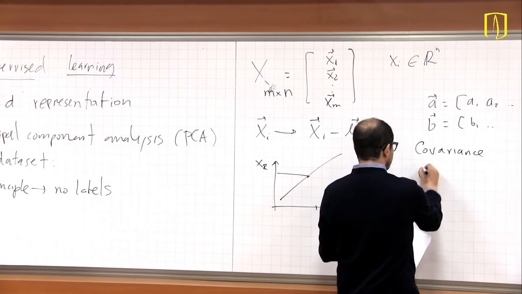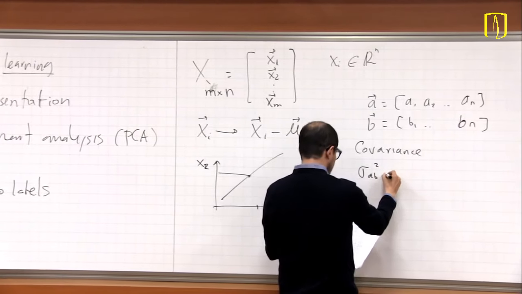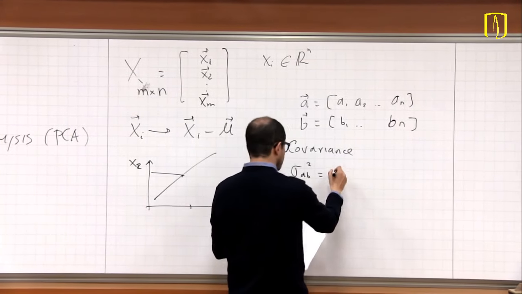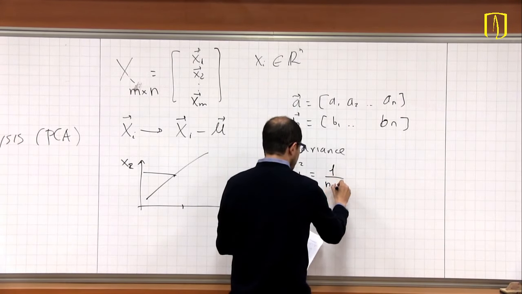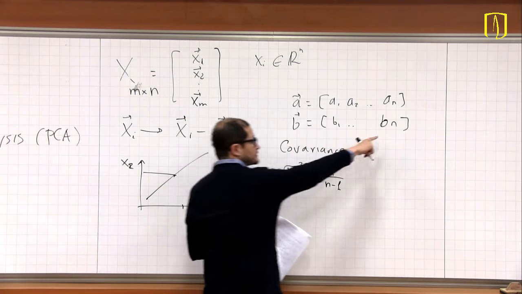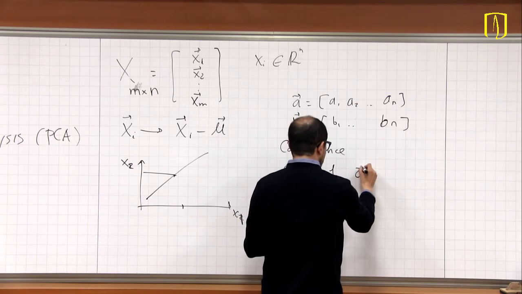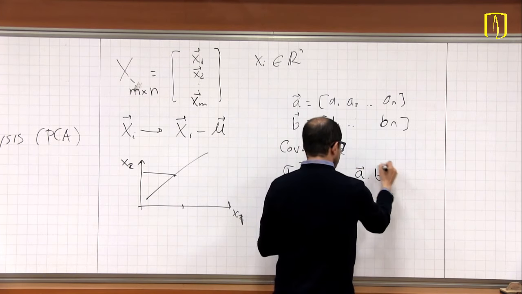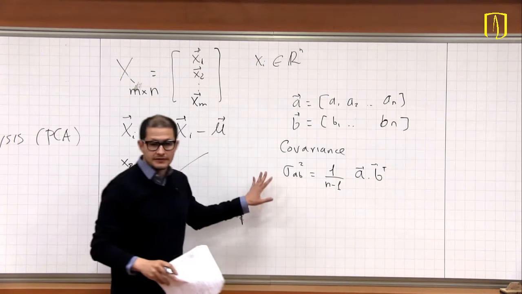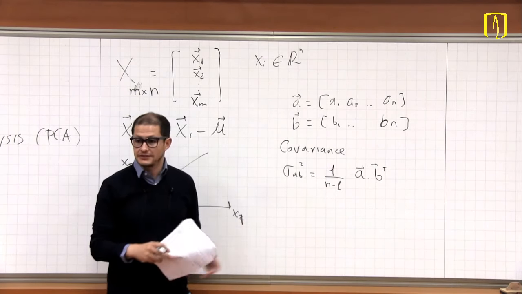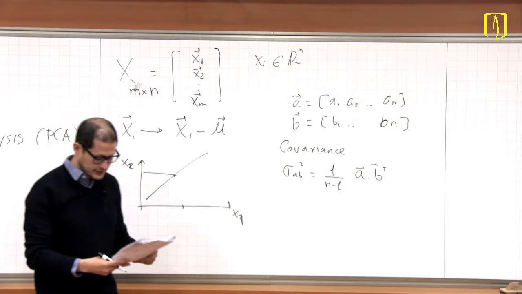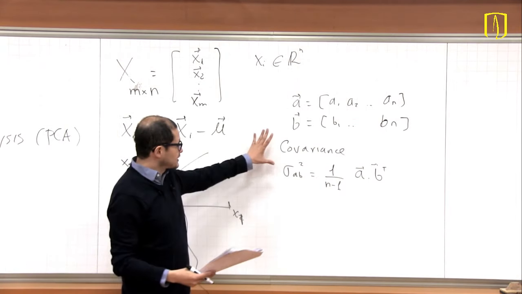It looks like this: sigma AB is 1 over n minus 1, where n is the dimension of the vector, times a dot b transpose. So this measures the correlation between these data points.